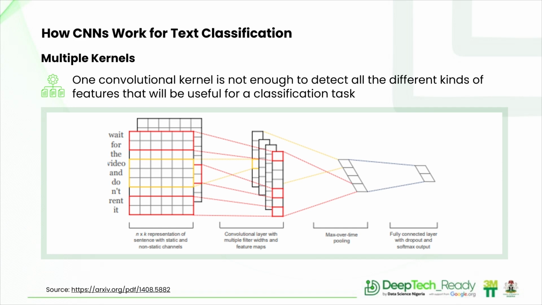So to set up a network so that it is capable of learning a variety of different relationships between words, you would most likely need many filters of different heights. As you can see in this example from this paper, where they used a convolutional neural network for text classification, they use several filters here.